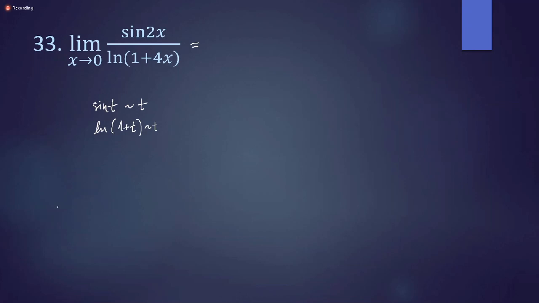So I can say limit when x tends to 0 of 2x, which is t in the sine case, divided by 4x, which is the t in the logarithm case. So this limit is 1/2. Even though at the beginning it looks rather complicated, logarithm of 1 plus t is something that is worth remembering for the sake of equivalence.